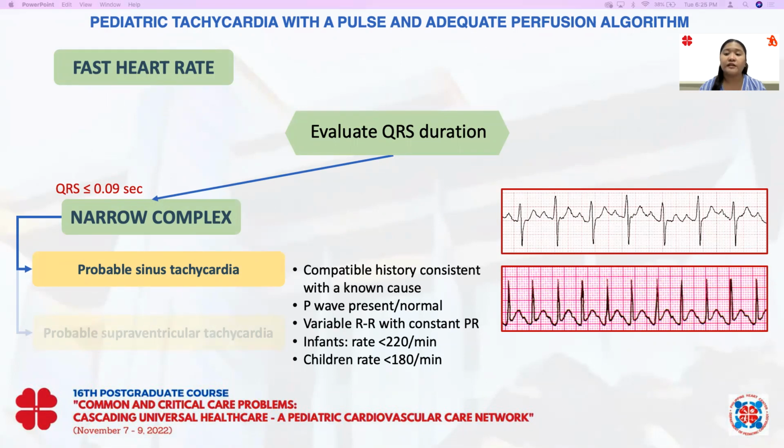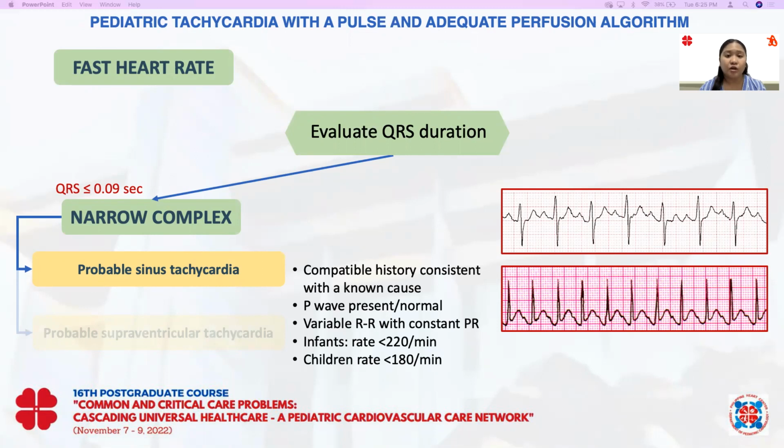The first one clearly shows the P wave with a heart rate of 115 beats per minute, while the other one has a faster heart rate and the P wave is somewhat difficult to see and is embedded in the T wave. So in sinus tachycardia, the impulse is still coming from the sinus node, but the discharge rate is faster than normal for the child's age.